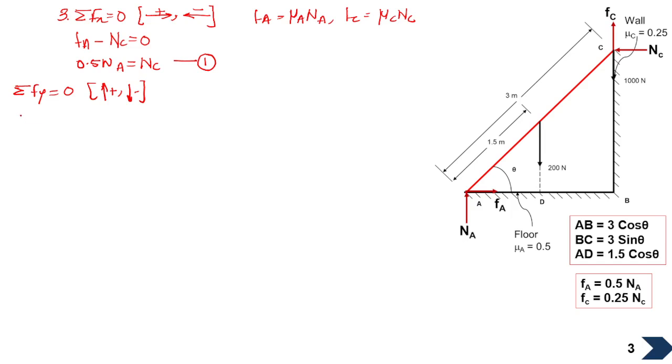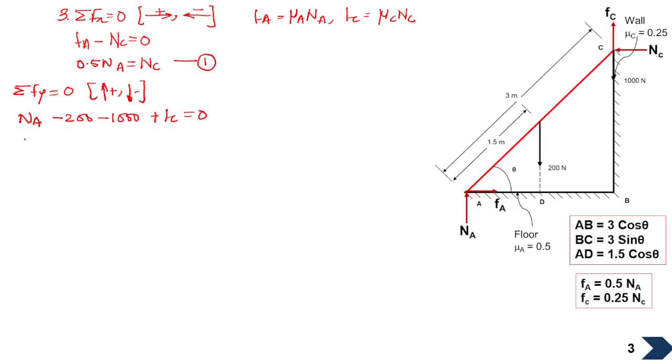We apply the sign convention and write the sum of all the forces: NA positive, minus 200, 200 is negative, 1000 is again negative, acting downward, and now we have FC, which is going to be positive. We know FC can be written as mu C into NC, and mu C is 0.25, so we can write this equation. And similarly, we have NC equals 0.5 NA.